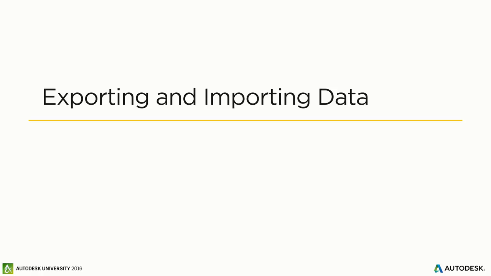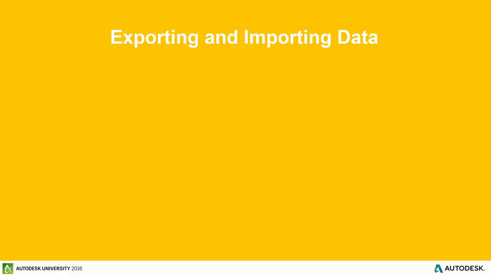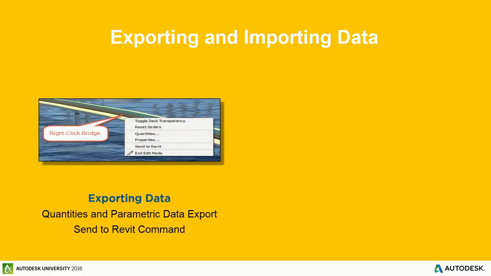The second part of the workflow is how do we take the bridge design that we've created in InfraWorks and take it out of InfraWorks so we can bring it into Revit. Because that's the exporting of the data and importing of the data. So when we export the data, it's very, very simple. You just select the bridge itself, right-click, and say send to Revit.